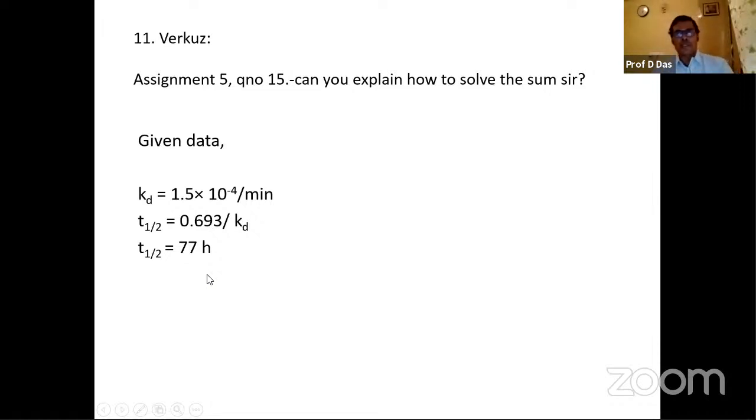This is a very simple calculation. If you just put pen to paper, you can get the answer. So I hope you get the half-life period. The expression is ln2 by kd, where ln2 is equal to 0.693, and you put in the kd value.